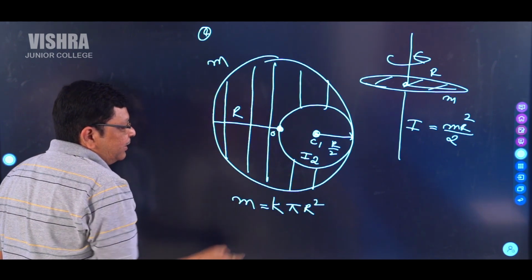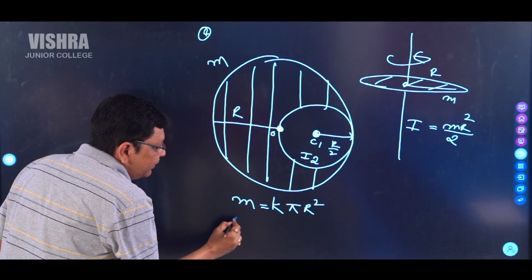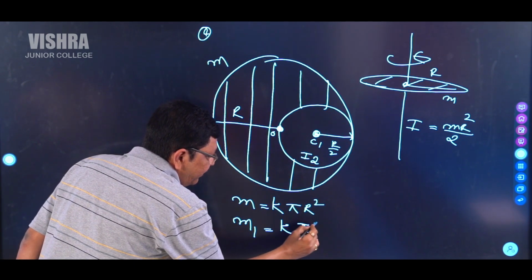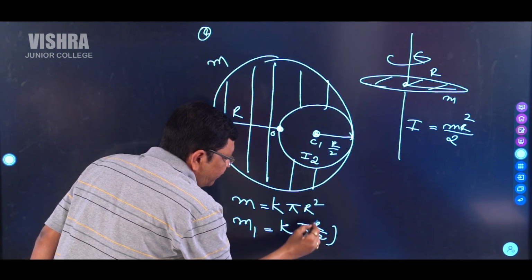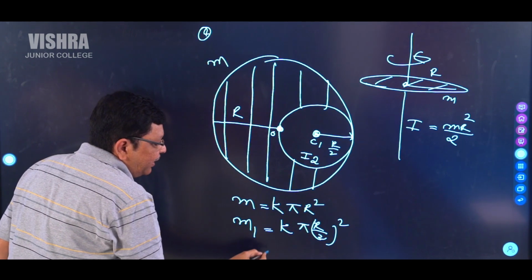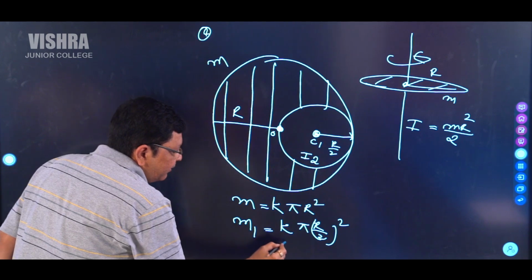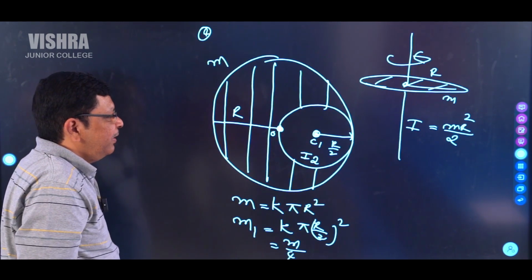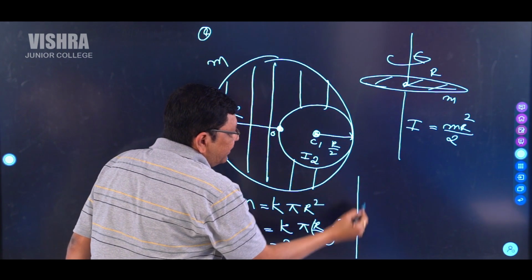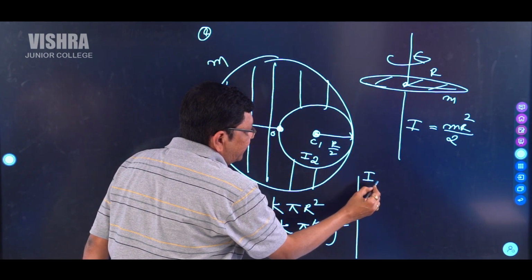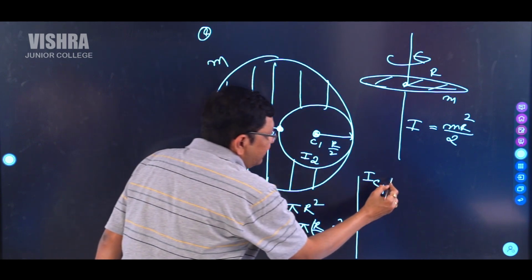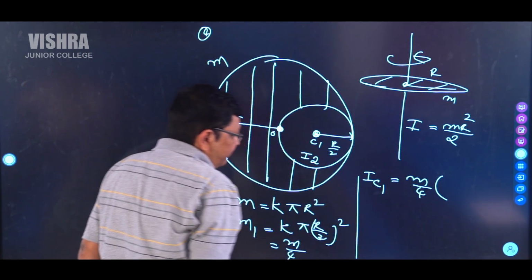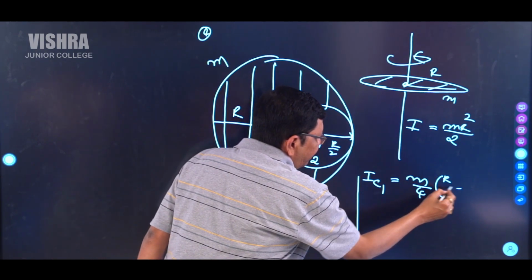So the total mass of the disc is K pi r square. Then the mass of the cavity portion M1 will be K pi into radius r by 2 whole square, that is K pi r square by 4. So from this information I can write K pi r square as M, so the cavity mass is M by 4. Then the moment of inertia of the cavity about the axis passing through center C1 is the mass M by 4 multiplied by the radius R by 2 whole square, upon 2.